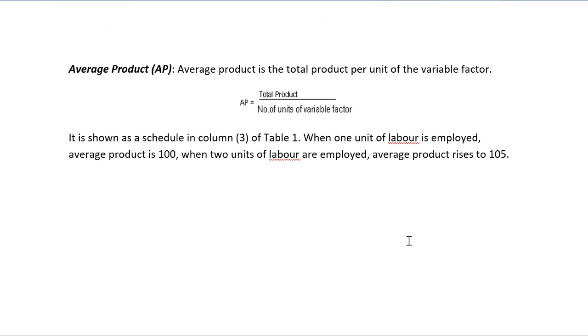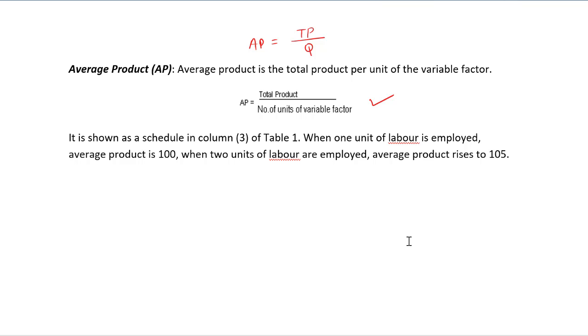Let us see the average product now. Average product is the total product per unit of variable factor. This is the formula: average product equals total product divided by number of units of variable factor.